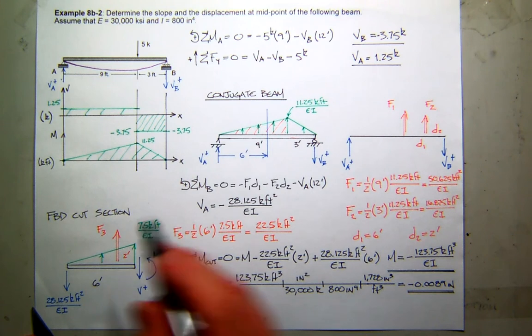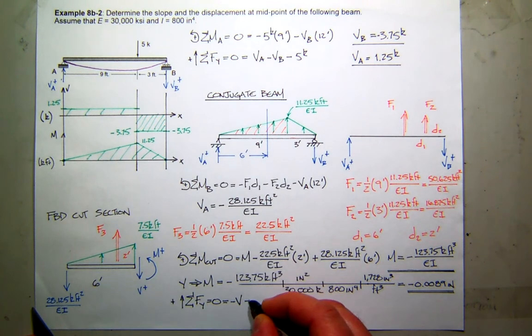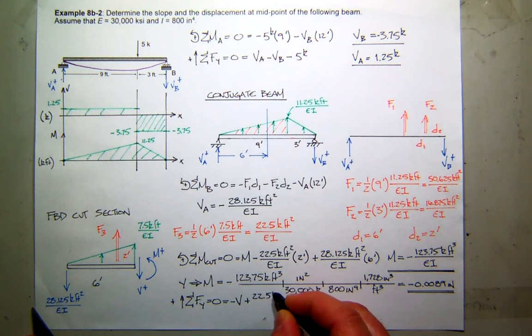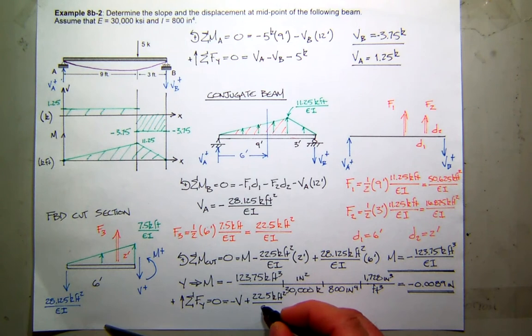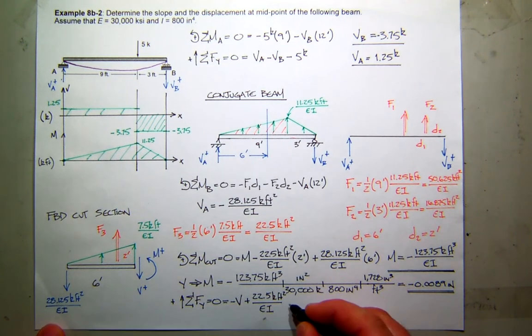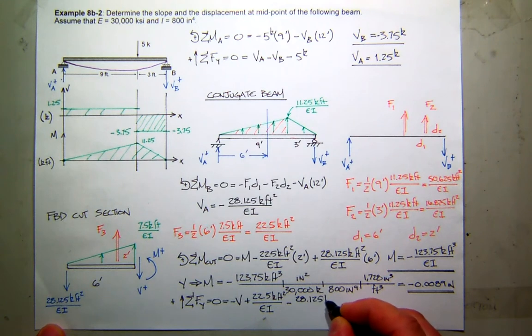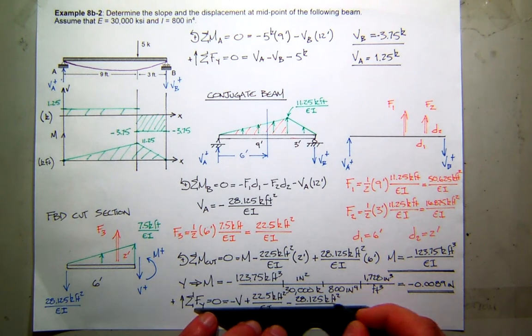My force 3 is up, that's positive, so that would be plus 22.5 kip feet squared. This is really getting tight down here, sorry about this. And then my reaction is down, minus 28.125 kip feet squared over EI.